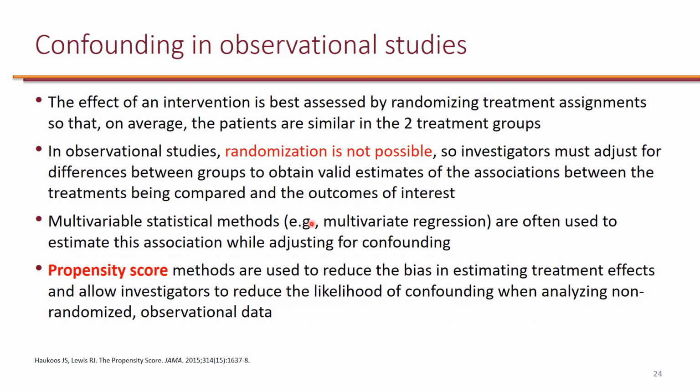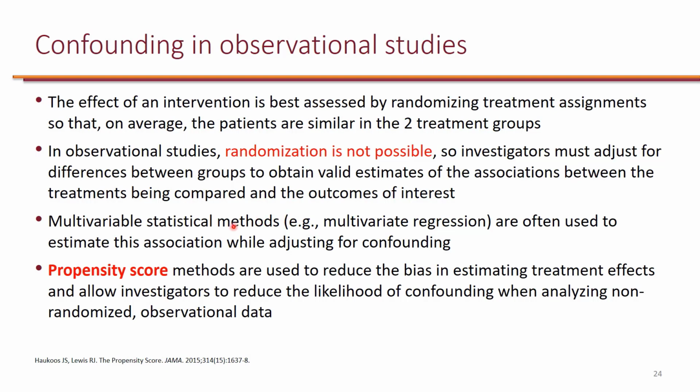Now, the best way to avoid confounding is by randomization. Unfortunately, in observational studies, randomization is not possible. So we must rely on techniques to minimize the confounding in observational studies.